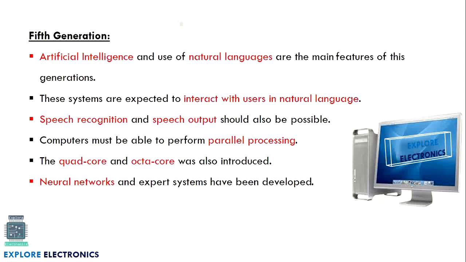The technological advancements also brought us speech recognition, and the computer is able to talk to us with speech output. Parallel processing has made the computers more reliable and faster. The processors had quad core and octa core, and now we also have very fast computers with 32 core processors.